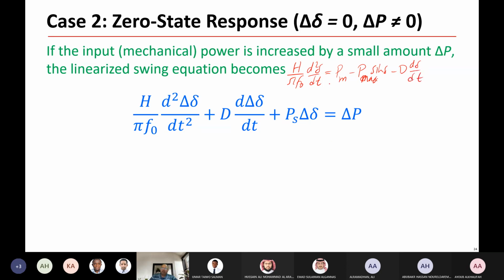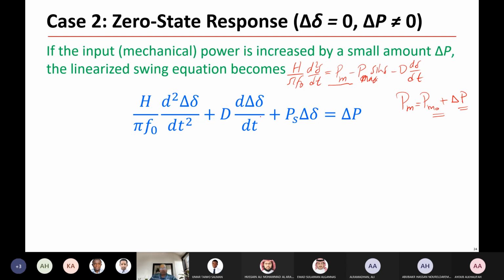What we will do here is replace the P mechanical equal to P mechanical 0 plus delta P. This is the initial value plus a step change in mechanical power. So you just replace this delta P here by this value, and you have this equation, which is the same.